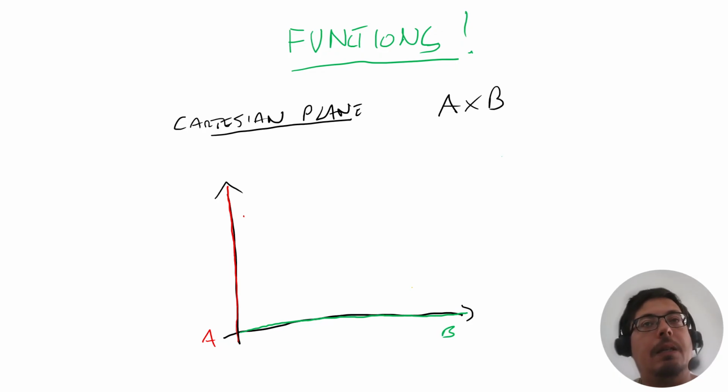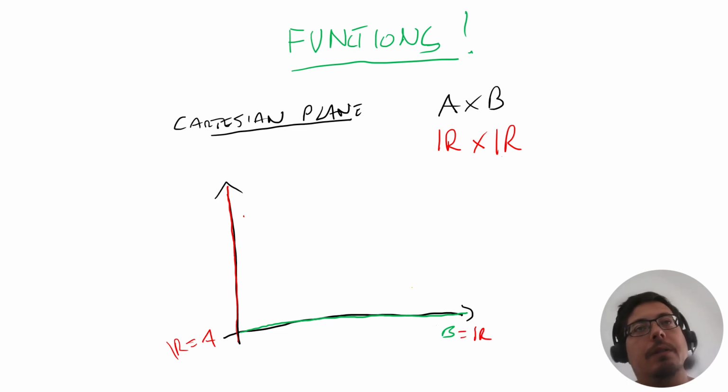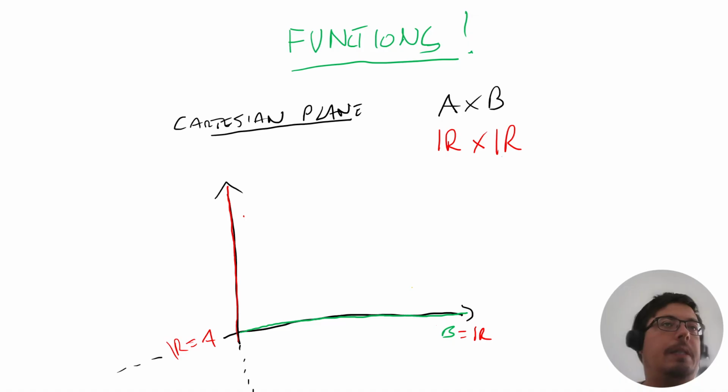What are A and B? We want to make them the real numbers, real times real, for example. And so these are all the real numbers, and these are all the real numbers. Of course, we need to go to minus infinity in both directions, but let's restrict to the positive case.